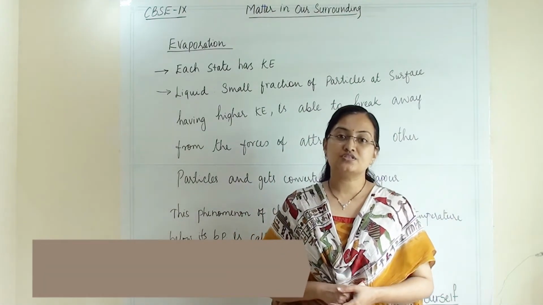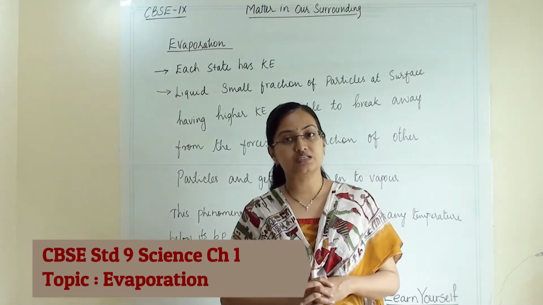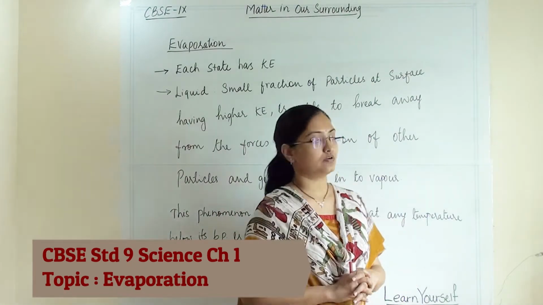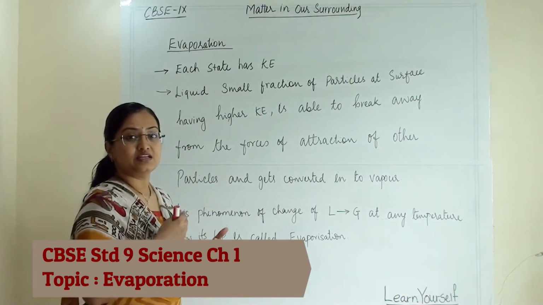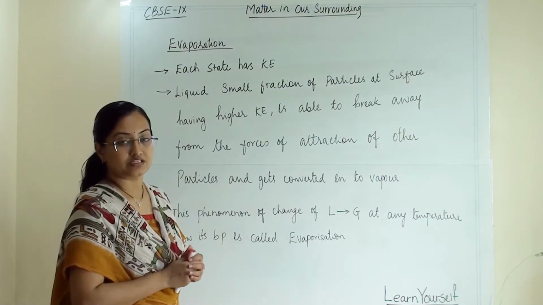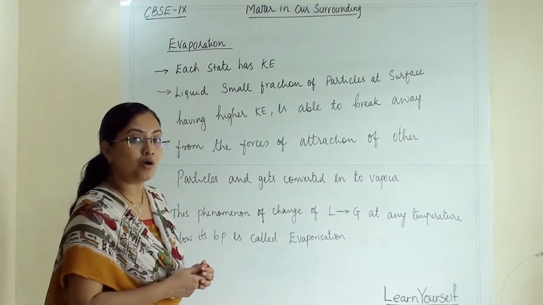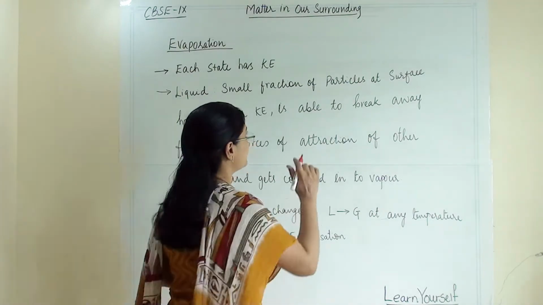Today we are going to study about evaporation, and this topic is from CBSE Standard 9, first chapter. Earlier we have seen that each state of matter possesses some kinetic energy. They do differ in the amount of kinetic energy.